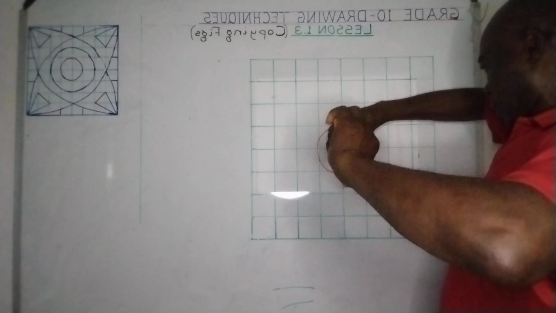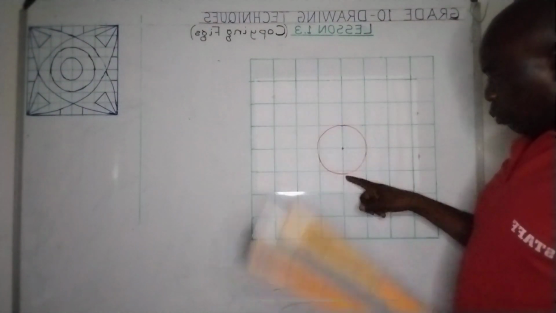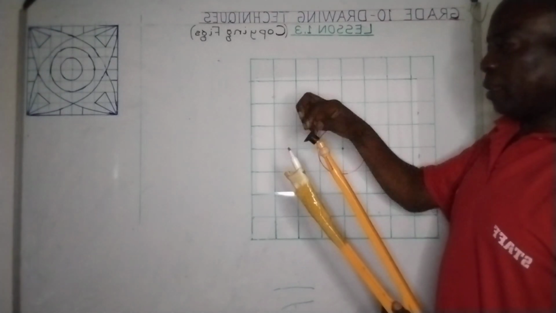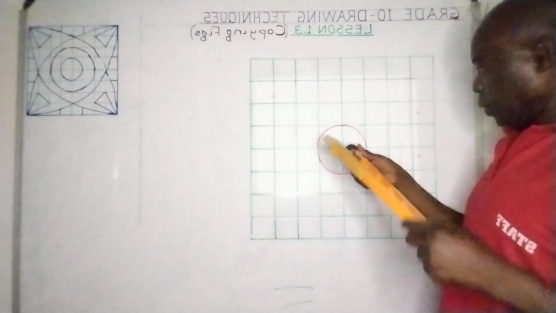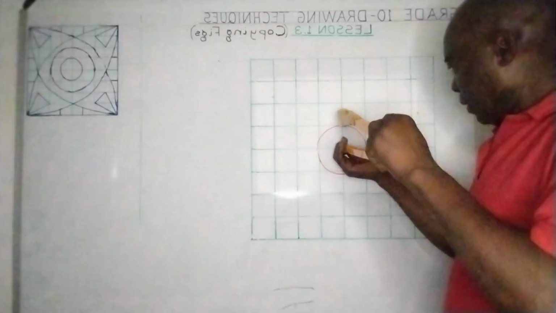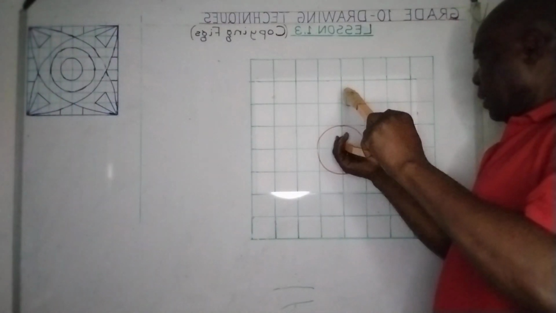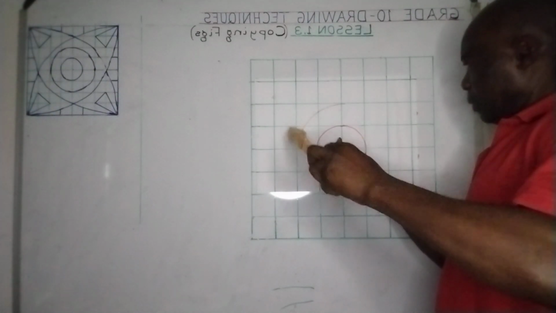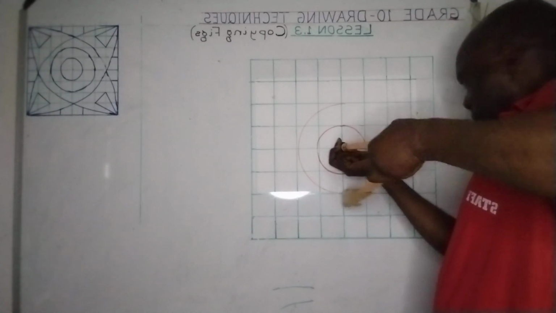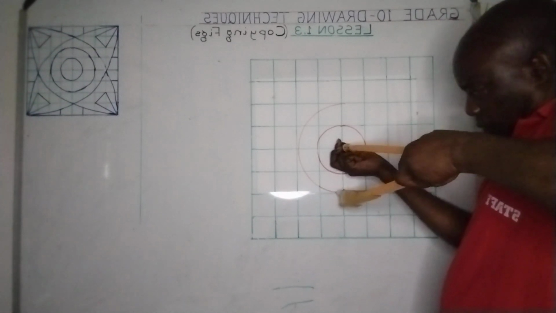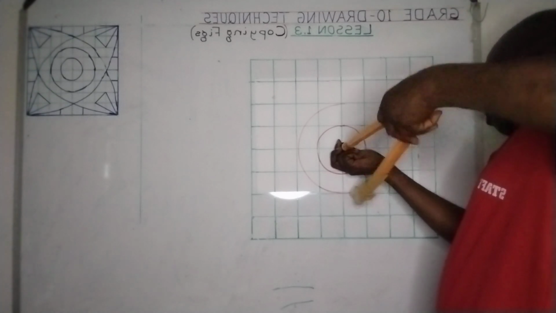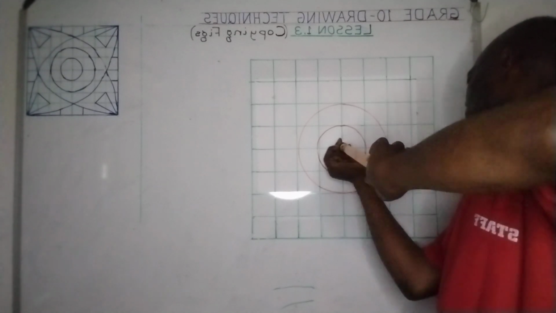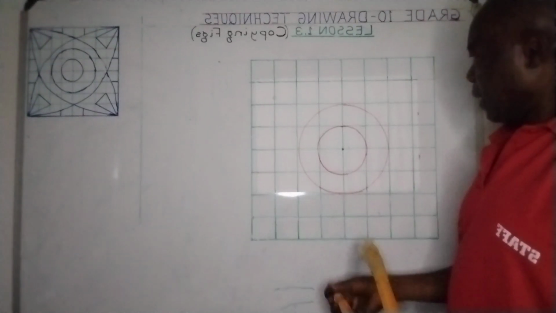It was supposed to pass through there, but I'm just showing you the method, because even the compass here is not a point, so that's why it won't be that accurate. And then the bigger circle, that's the radius there. Okay, so this one is a bit more accurate.